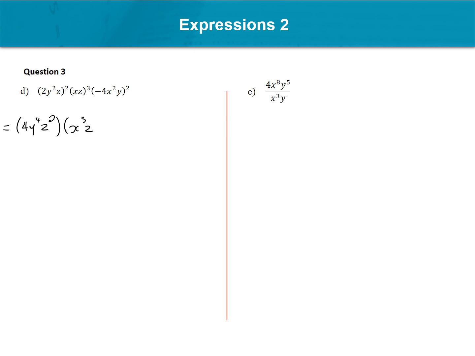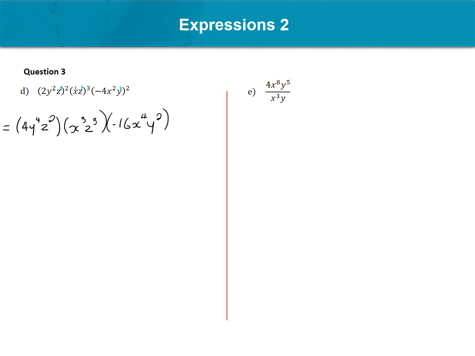And z to the power of 1 times 3, which is z cubed. Minus 4 squared gives you minus 16. And then x, 2 times 2 is 4. And y, 1 times 2 is 2. If you're not sure what the exponents are, if they're not written down, you can just write a 1. Any variable that doesn't have an exponent, that exponent is 1, because anything to the power of 1 is that number itself.